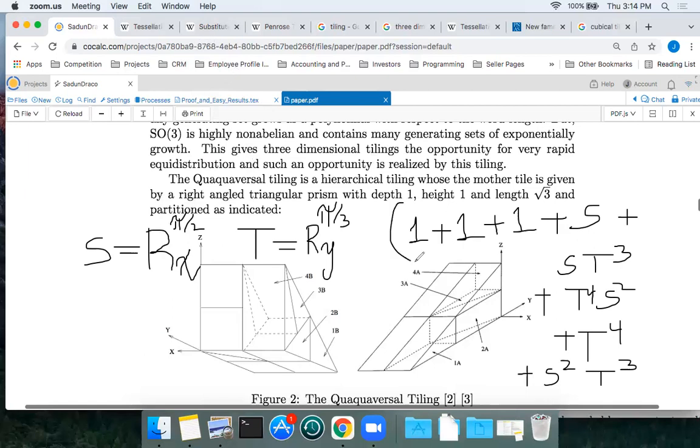In general, if you subdivide n times, the rotations you get are this raised to the nth power. Those are going to be the orientations of the cousin tiles in this tiling. When I raise it to the nth power, I get an approximately uniform distribution of orientations, and it's approaching uniformity at quite a rapid rate.